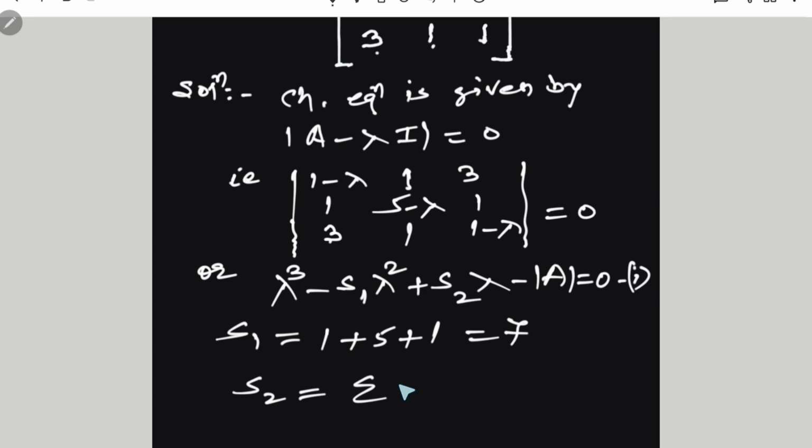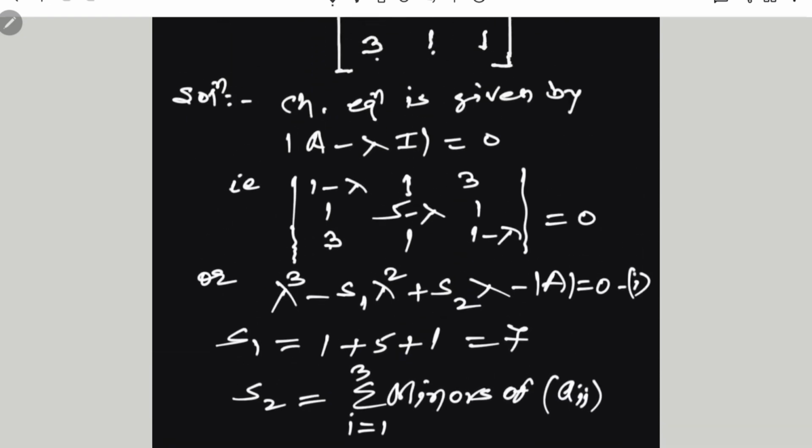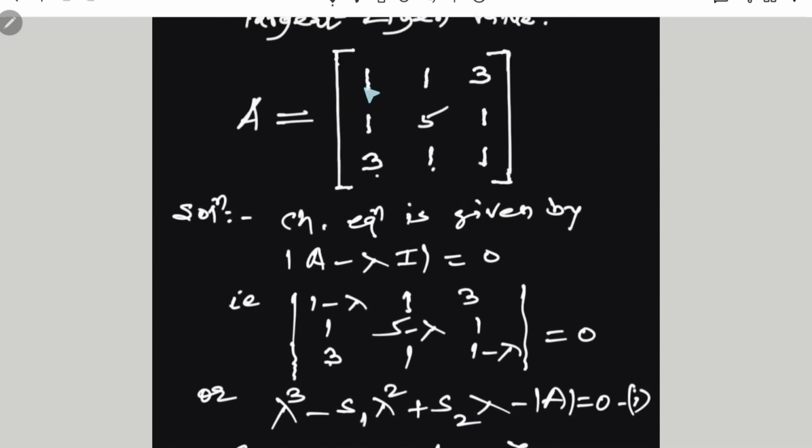S2 is the sum of the minors of the principal diagonal elements. And therefore, we try to find out those minors. The minor of the first diagonal element, neglecting first row, first column, is the determinant of 5, 1, 1, 1.